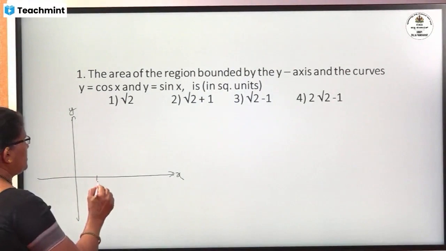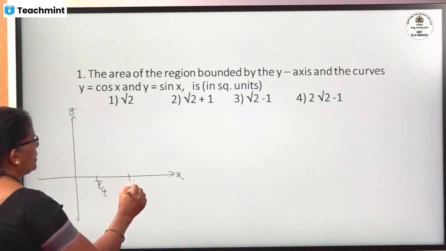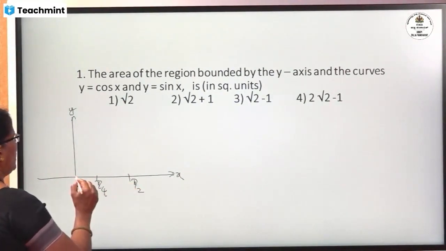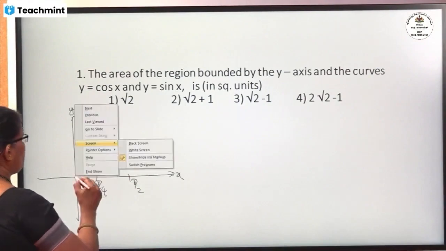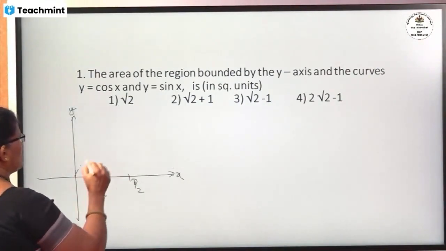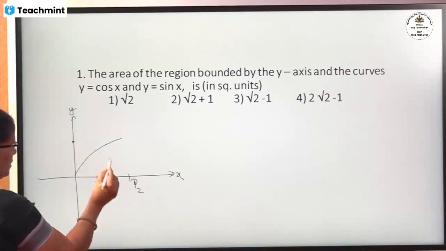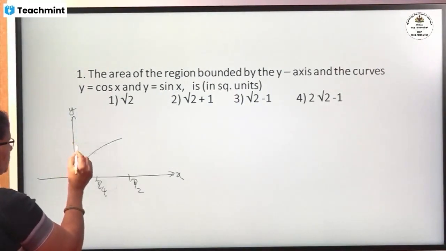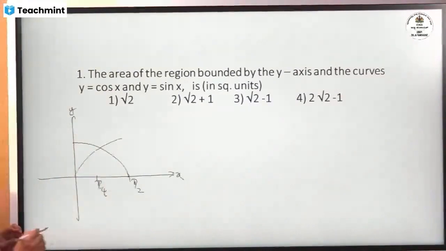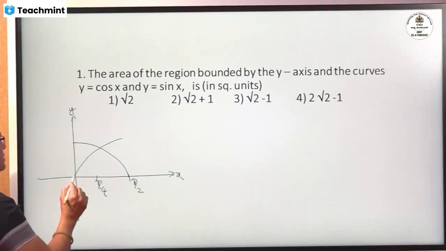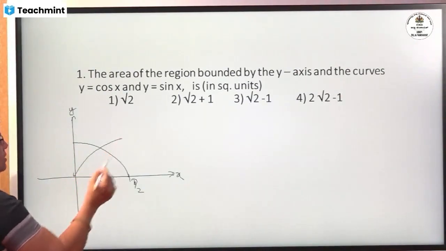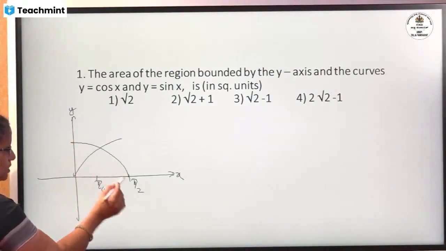Let us say this is pi by 4 and this is pi by 2. Sin x goes from 0 to pi by 2. So sin x increases from 0 to 1, cos x decreases from 1 to 0.